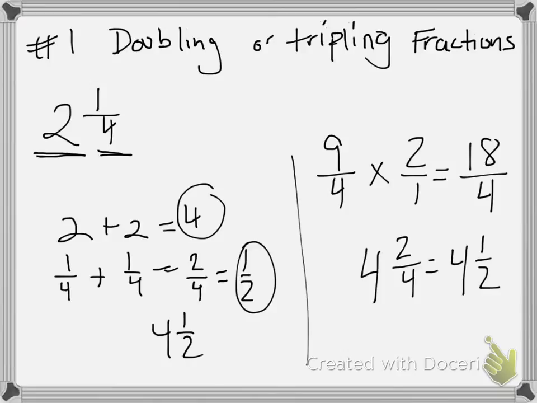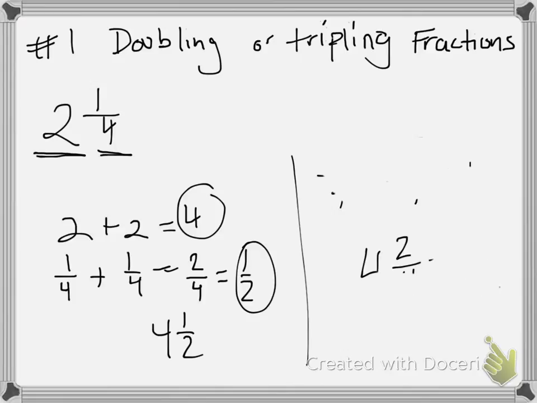Now, if I was going to be tripling, I would do exactly the same process, only I would do it 3 times. So if I was adding that fraction, I would add it 3 times. If I was multiplying it, I would multiply it by 3. So here I'll do this and we'll do it 3 times. Remember, as an improper fraction, that was 9/4.